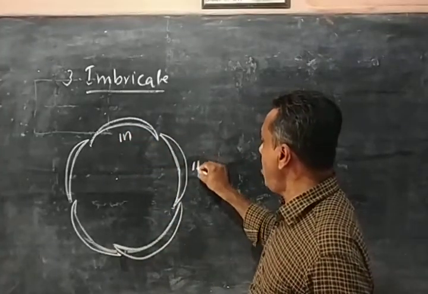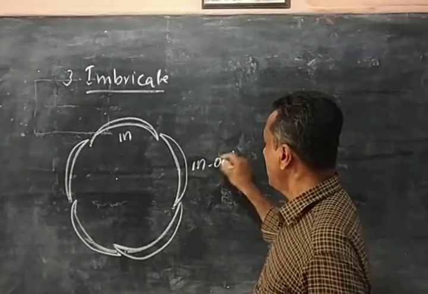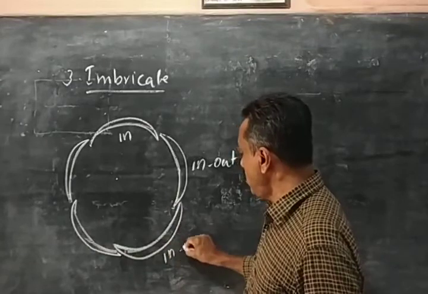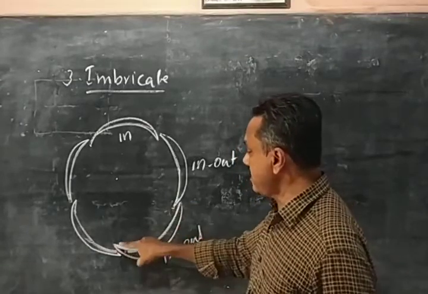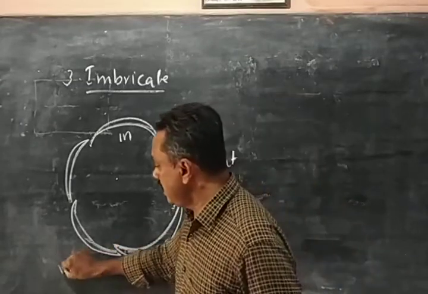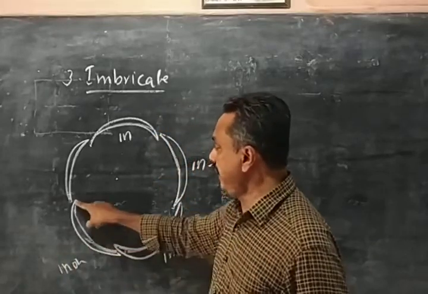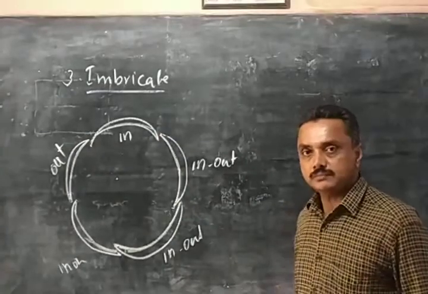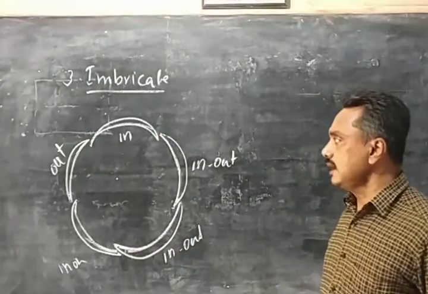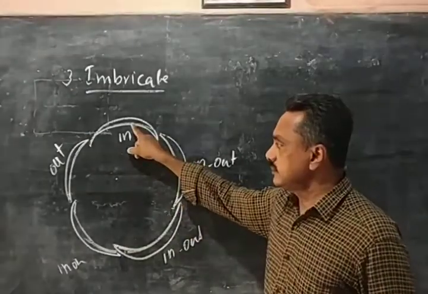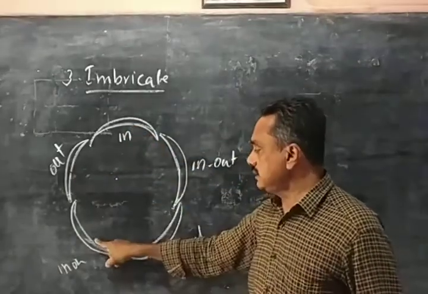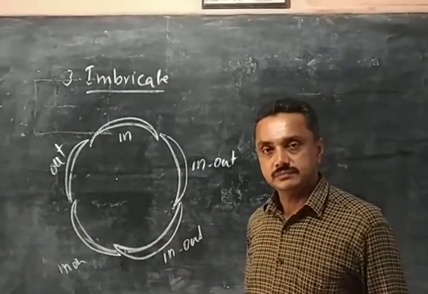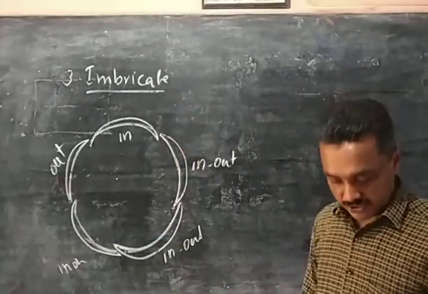This is in, outer, one side outer, one side inner. This is completely outer. That is called one completely inner, one completely outer. Others are in and out. Three are in and out. It is called imbricate aestivation.